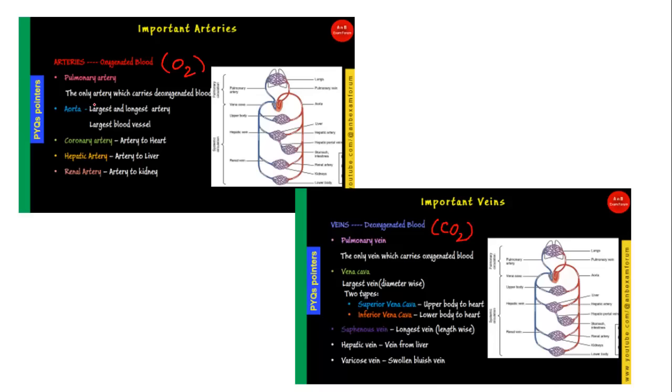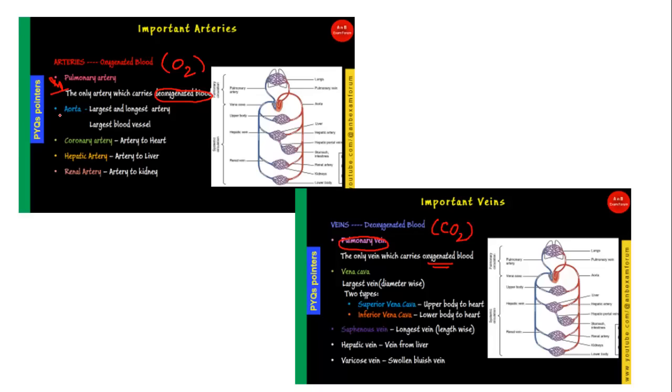The pulmonary artery is the special artery which carries the deoxygenated blood. Basically this is an exception, so this is very important. Similarly, on the opposite side, it is the pulmonary vein which carries oxygenated blood. Normally veins carry deoxygenated blood, but the pulmonary vein carries oxygenated blood.